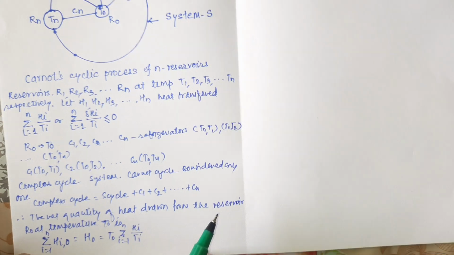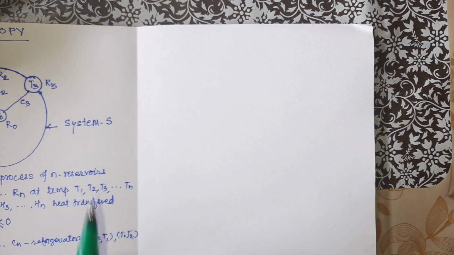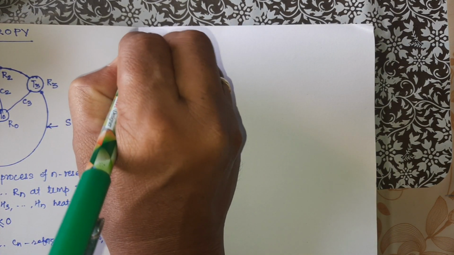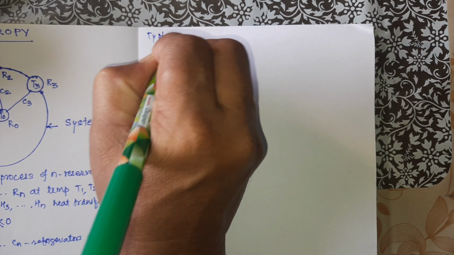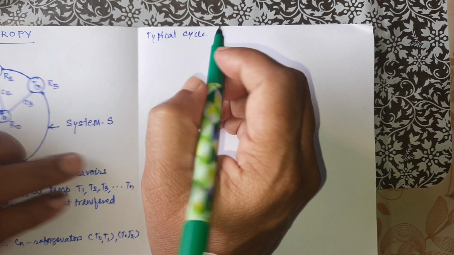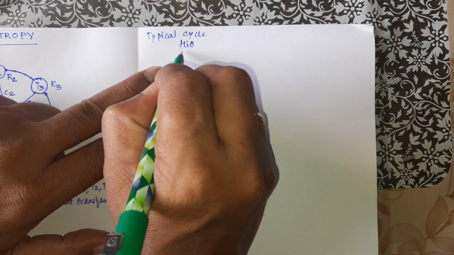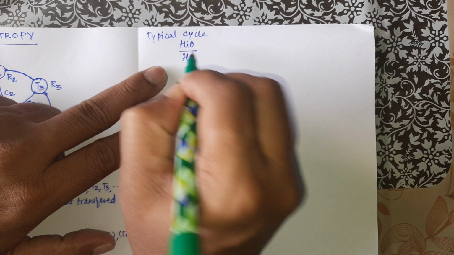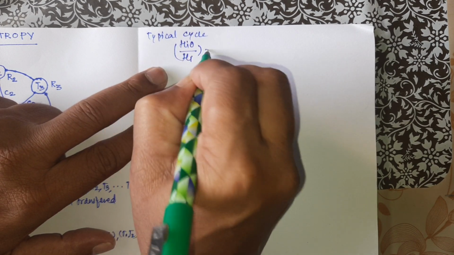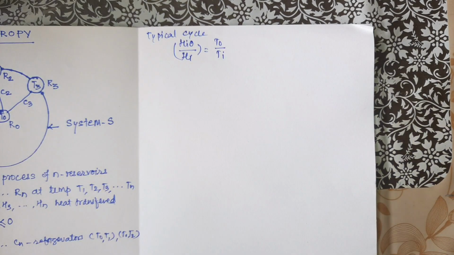So for a typical cycle we can write Hi0 upon Hi is equal to T0 upon Ti.